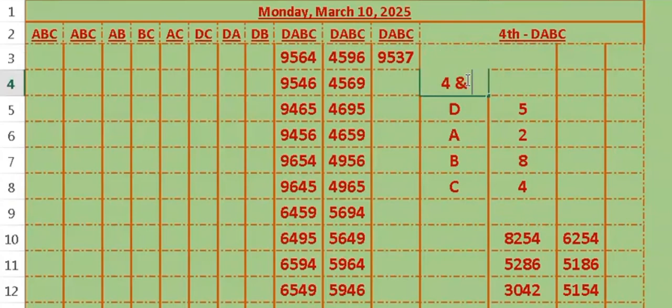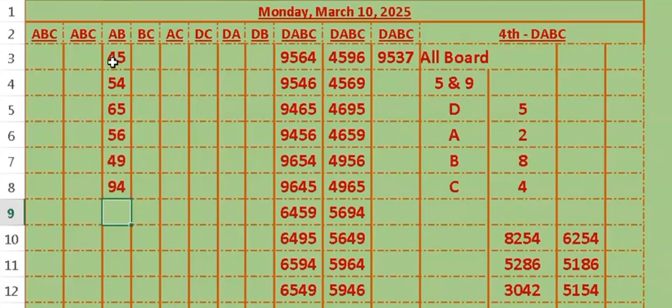So you have the individual boards here: D5, A2, B8, and C4. This is from one set of Sunday edition chart, and from all board perspective, 5 and 9 is what I have advised.